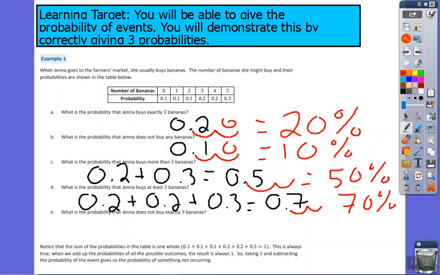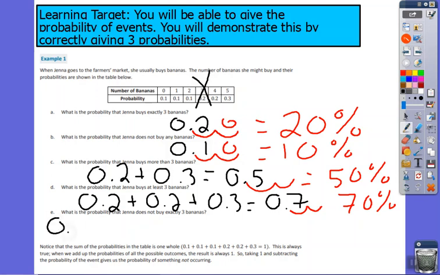Okay, what is the probability that Jenna does not buy exactly 3 bananas? So we don't want 3 bananas. So that leaves everything else. So one option that we have here is just to add up everything else.